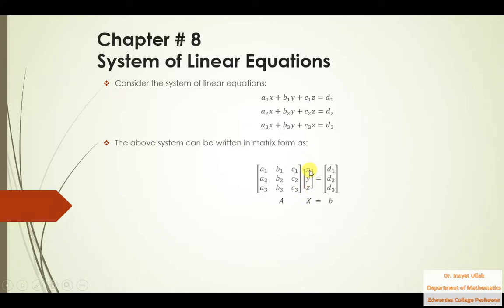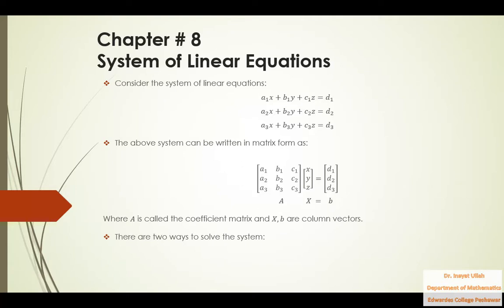Because x, y and z are unknowns, this is the unknown column matrix, and that is again a column matrix. That matrix will be denoted by X, and that will be denoted by small b or capital B, whatever you write here. So A is called the coefficient matrix and X, B are column vectors.